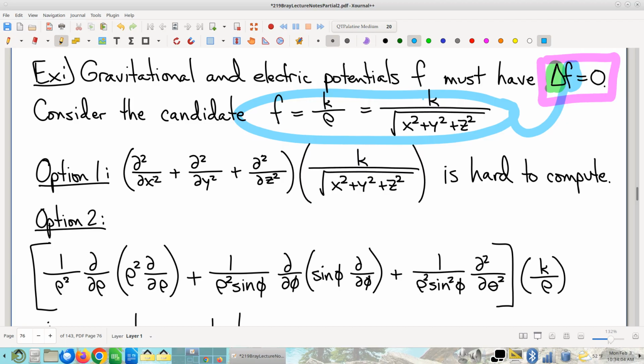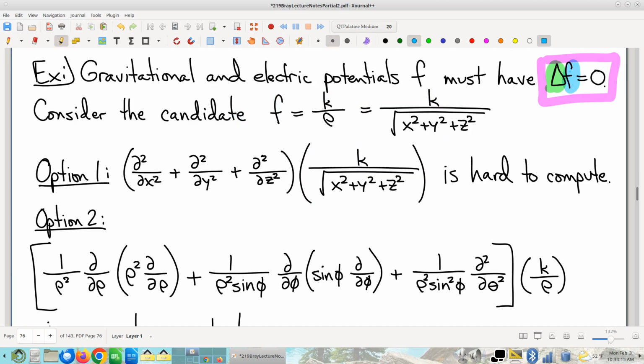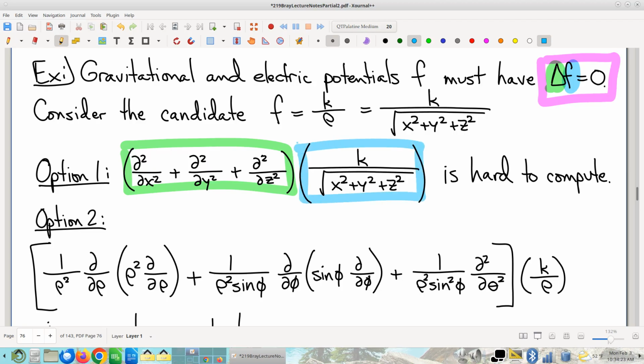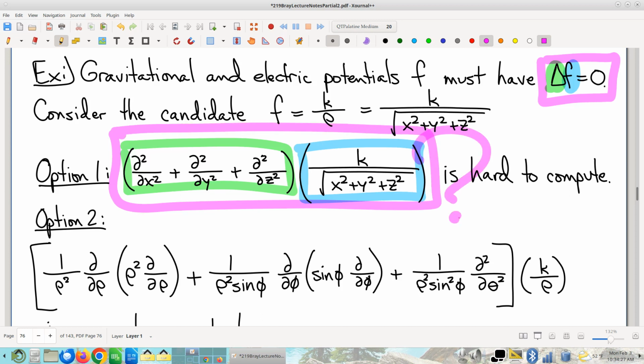Okay, so let's just talk about how to confirm this, right? If I wanted to confirm that that function does satisfy that equation, let's think through our options. Well, one thing I can do is I can take the rectangular Laplacian of the rectangular formula for f, and I can compute and ask if do I not get 0, right?